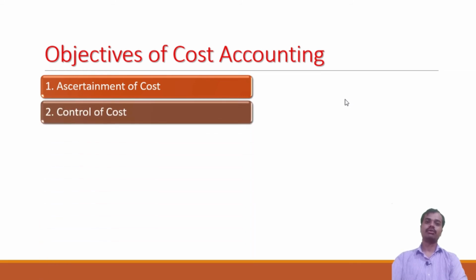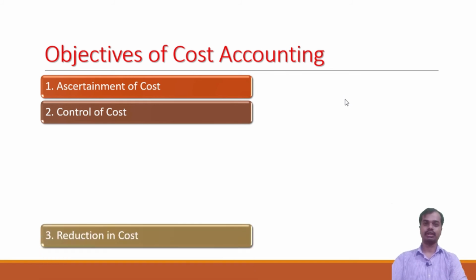Second objective of cost accounting is control of costs so that the maximum and better production at minimum cost may be made possible. To achieve this objective, the techniques of budgetary control and standard costing are adopted.